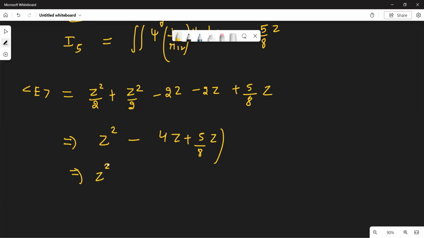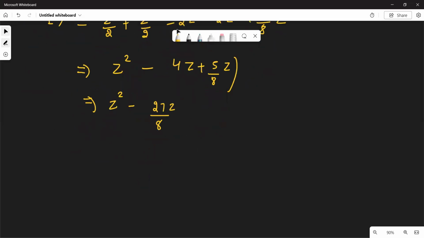After taking the LCM, it will give you 27 by 8z. Okay. So here we got the expression for E, which is equal to z square minus 27 z by 8. So now you see the expression of energy contains a variational parameter, that is z.